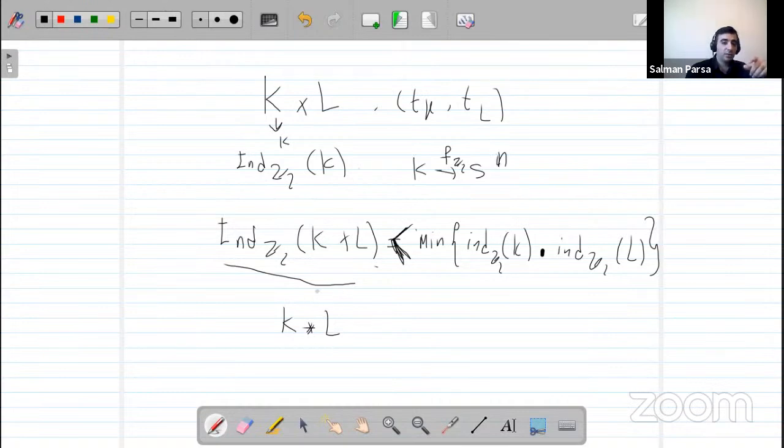But what they actually showed is that if this is true, the other thing is true, and the index actually drops even with a suspension in general. But what I showed in my paper is that the index drops even if the homological obstructions here are non-trivial. In general, the index drops even when you have a suspension of a general complex.